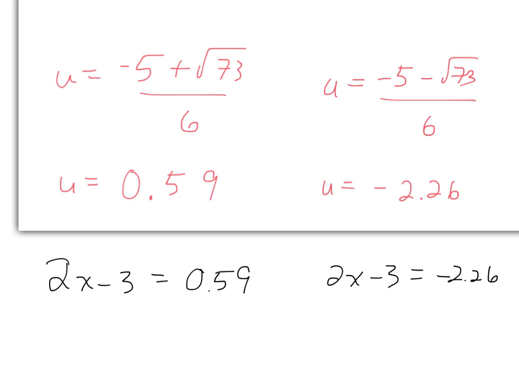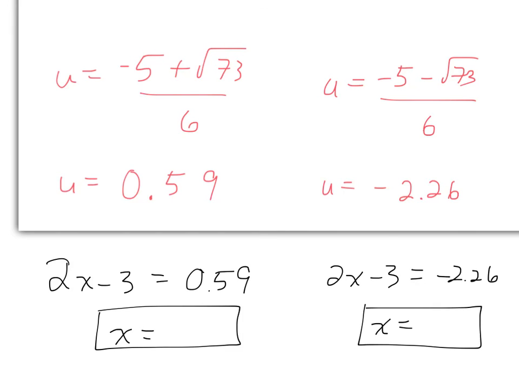They're both going to be positive for sure, because we're moving a 3 over. What do we get for our answers here? You're going to have to use your calculator, obviously, guys. What do you got? X equals for the left side 1.795, and for the right side x equals 0.37.